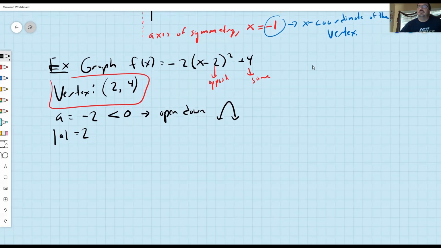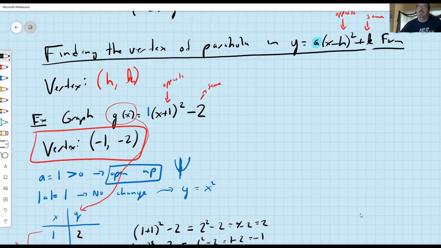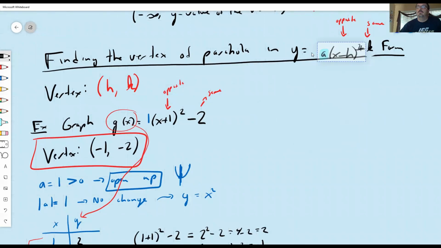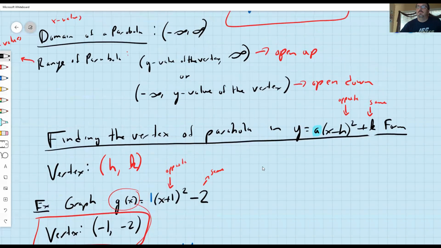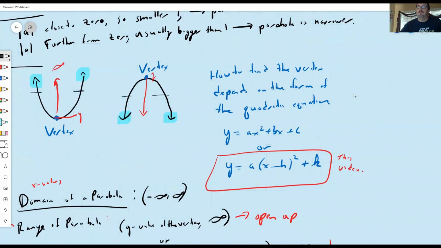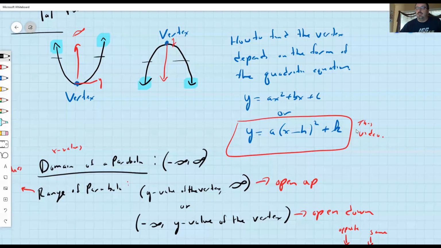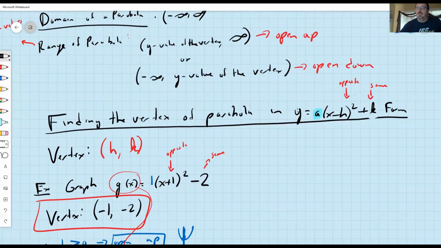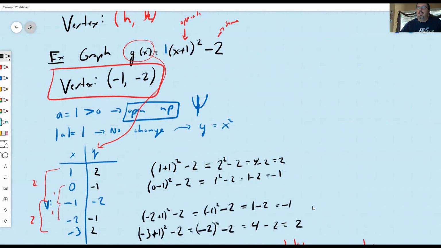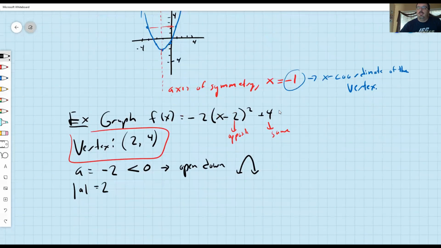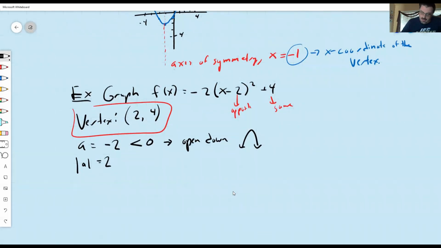Let's scroll up and look at that again, just to make sure. The farther from 0, usually bigger than 1, the parabola is narrower. So this is going to be more narrow because it's bigger than 1.